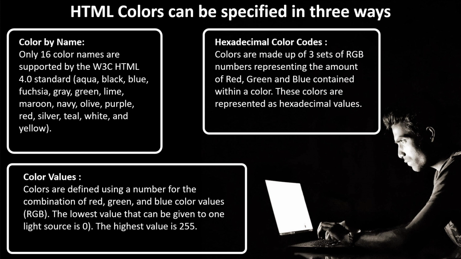We'll see it in CSS. Color values are defined using numbers for the combination of red, green, blue. The lowest that can be given to one source is 0. The highest value is 255.